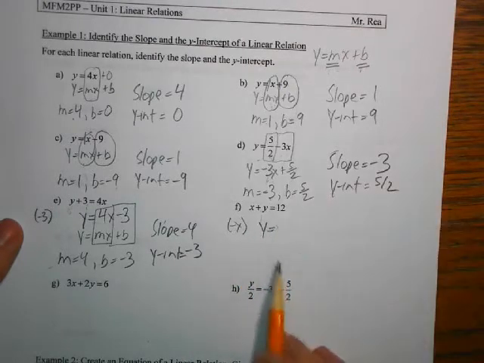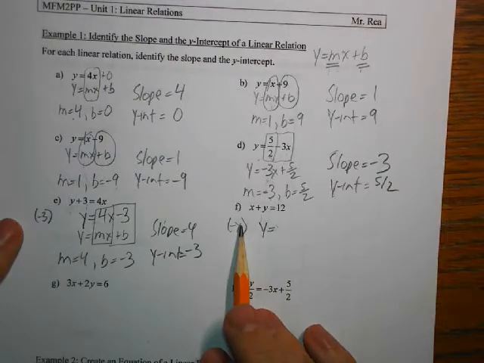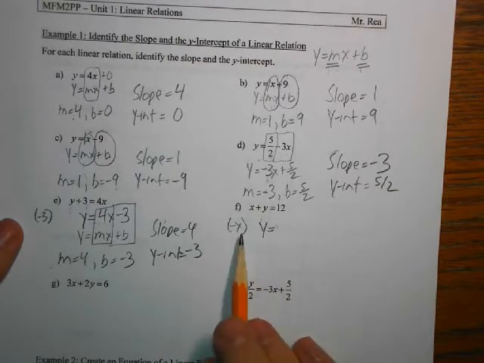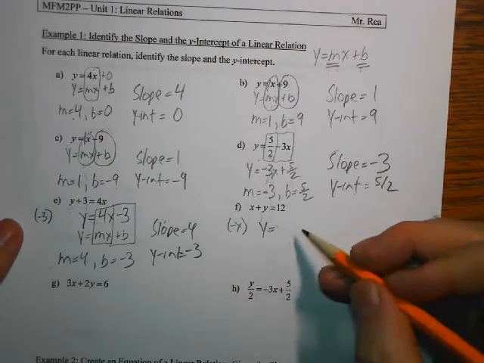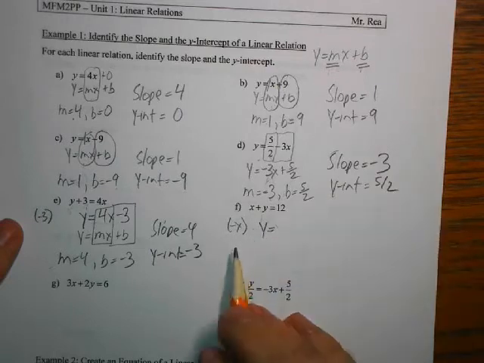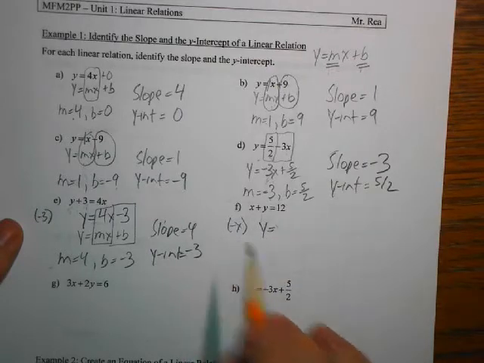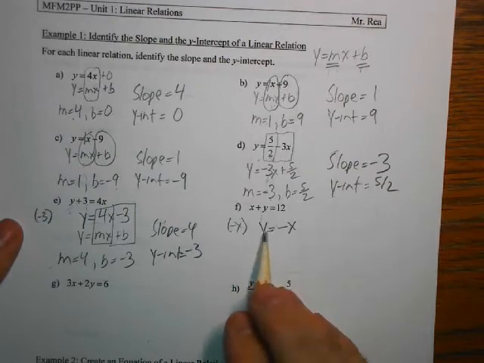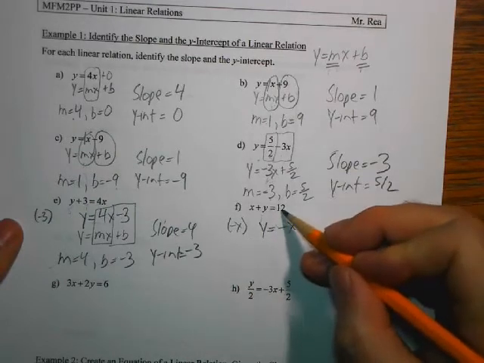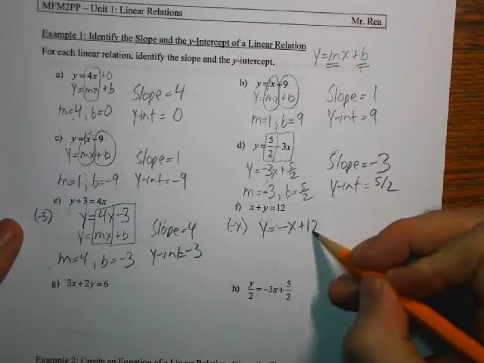Now I could put 12 minus x. That would be totally valid. But I would really like to have my x term first because I'm trying to find the slope and the y-intercept with my m and b values. So because I know I'd like to have the x term first, I put it first. So y equals negative x, and then the 12 was positive, so it's negative x plus 12.